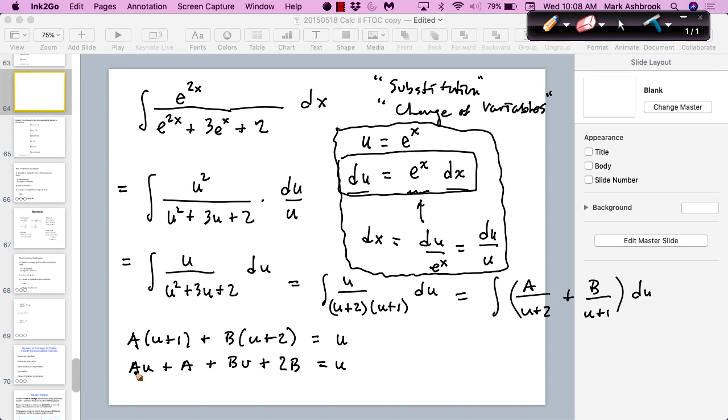So then it looks like A plus B will be 1. A plus 2B will be 0. Easiest technique here is to subtract equations, do elimination, eliminate A. So it looks like I got negative B equals 1, or B equals negative 1, A equals 2.